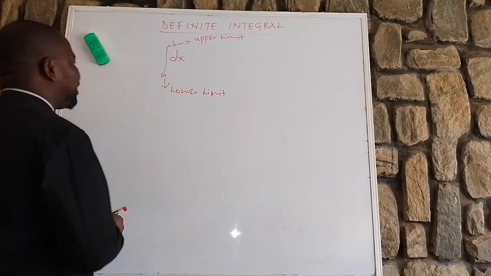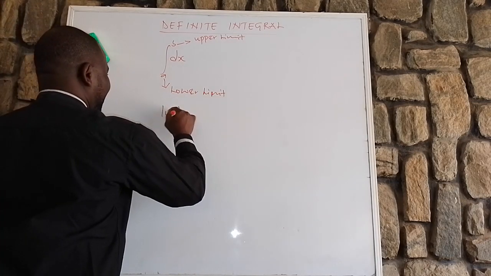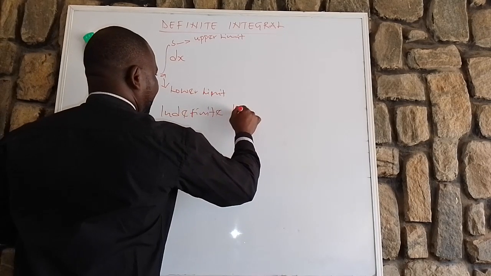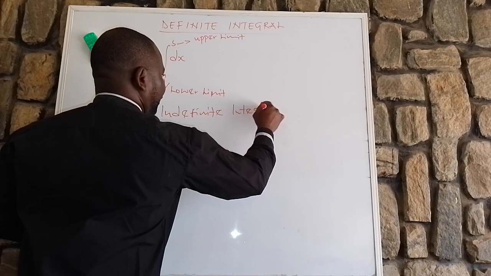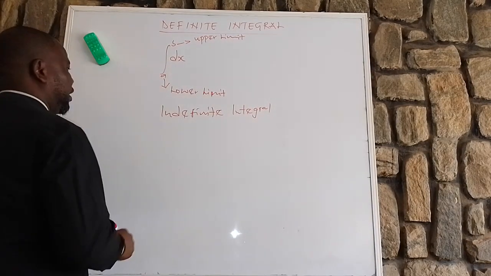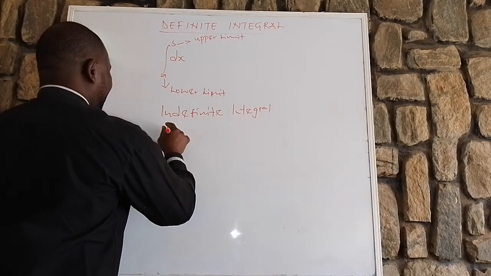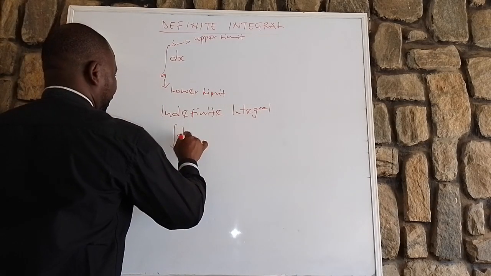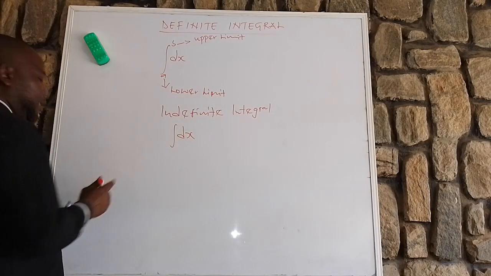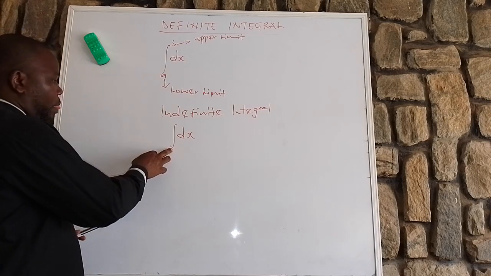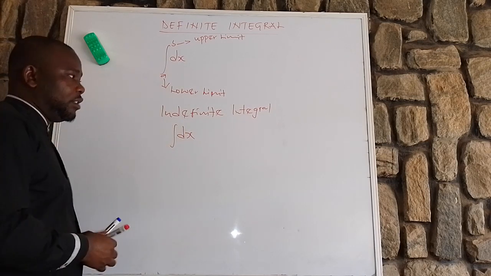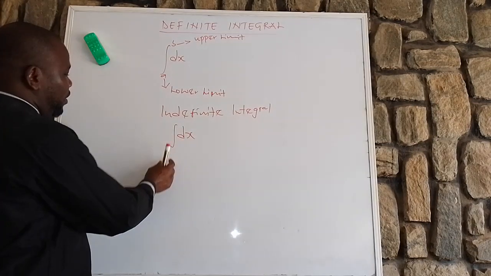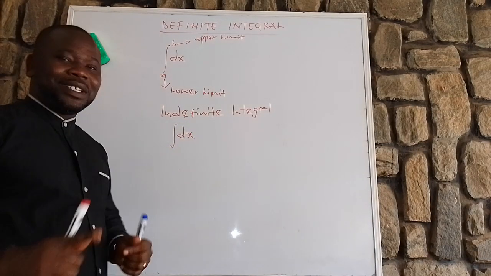Mind you, there is a difference between indefinite integral and definite integral. Indefinite integrals are of this form. You discover that they do not contain lower and upper limits. We call them indefinite integrals because whenever you integrate, you obtain a constant.